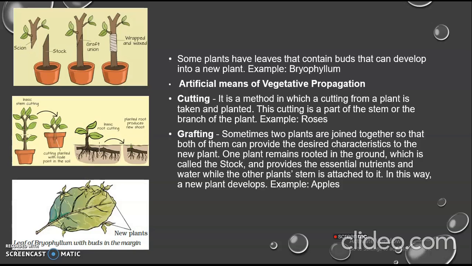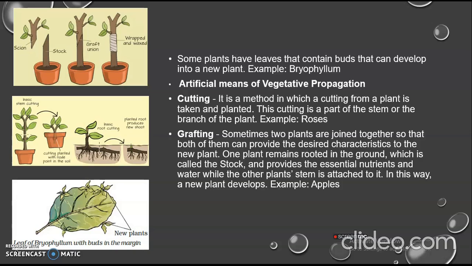Sometimes you must have observed that two plants are joined together so that the desired characteristics are provided to the new plant. One plant will be rooted in the ground, which is called the stock.